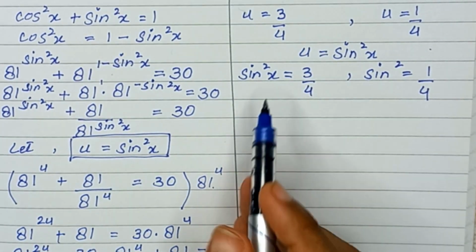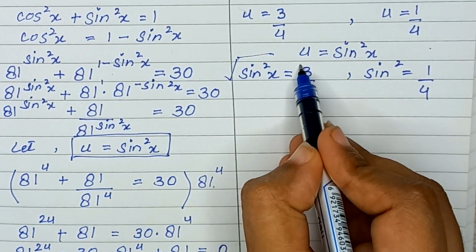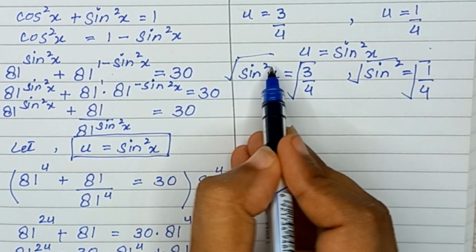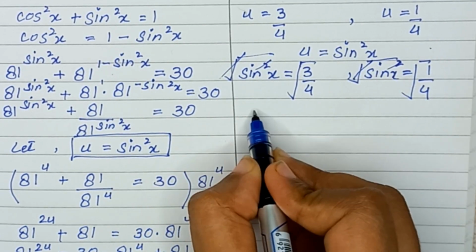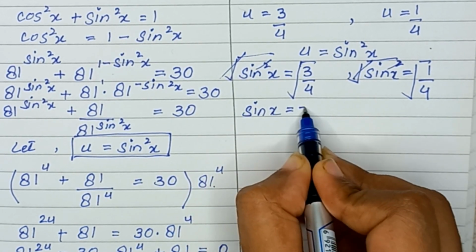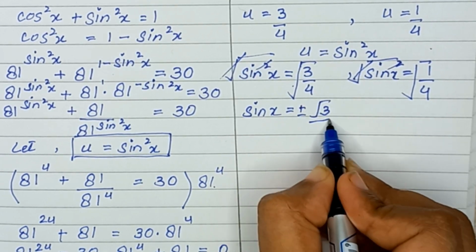Now we will take the square root on both sides. So the square and square root will cancel out and it will become sine x is equal to plus minus square root of 3, and the square root of 4 is the same as 2.